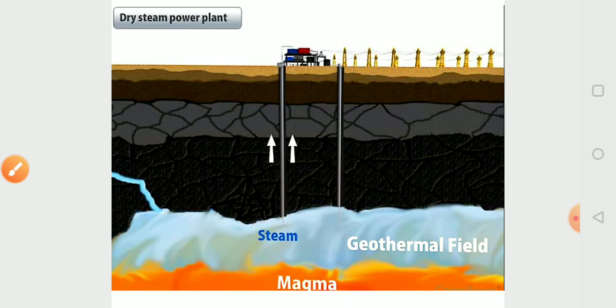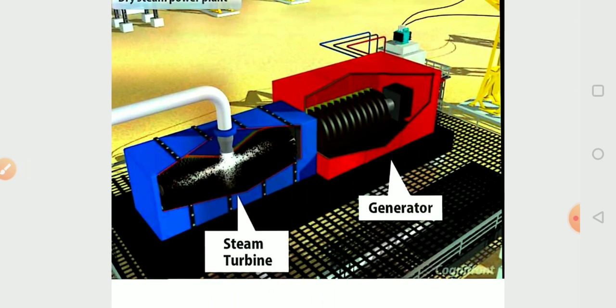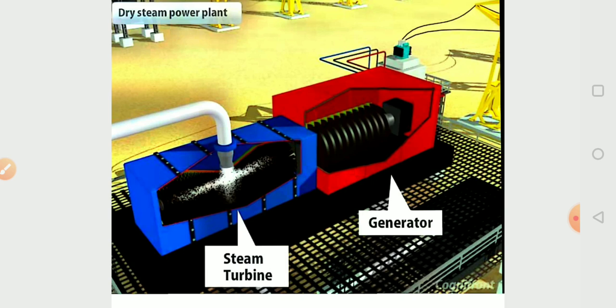This steam is directly supplied to the turbine, which is coupled to the generator. The flow of steam causes the turbine to rotate, and because of this the generator produces electricity.